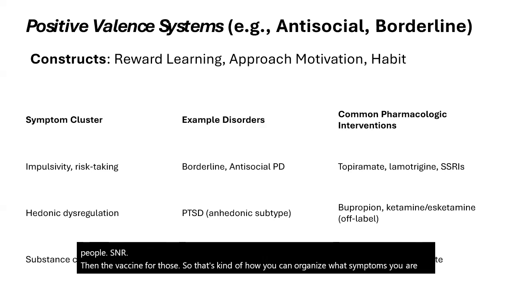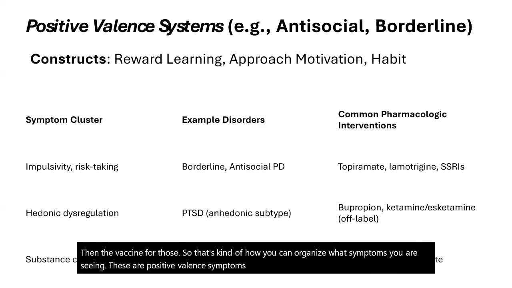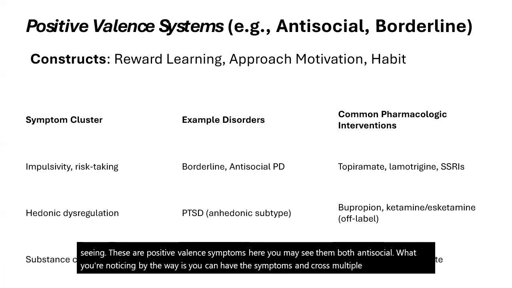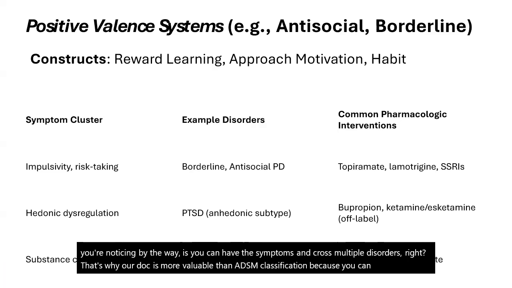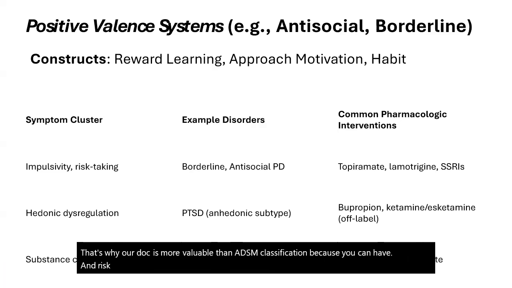These are positive valence symptoms here. You may see them both in antisocial. What you're noticing, by the way, is you can have the symptoms and cross multiple disorders, right? That's why RDoC is more valuable than a DSM classification, because you can have impulsivity and risk-taking in borderline, in bipolar, in anxiety.